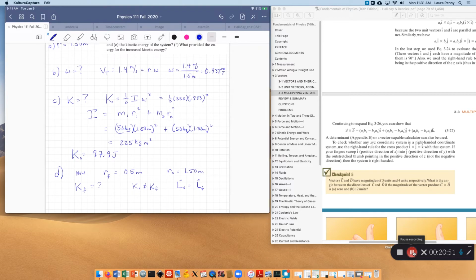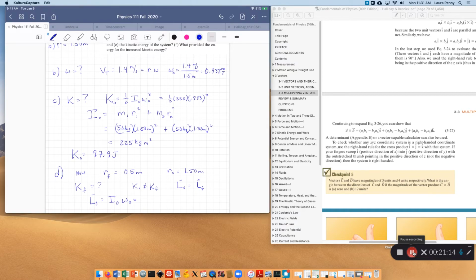So what I need to know is my initial angular momentum. Actually, I don't know my initial, so let's figure that out. Our initial angular momentum should be our initial moment of inertia times our initial angular speed. All of these are initial values that I've got up here.